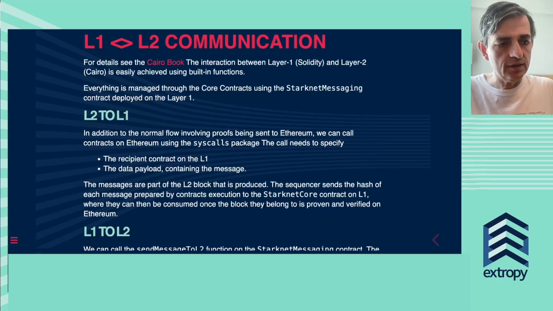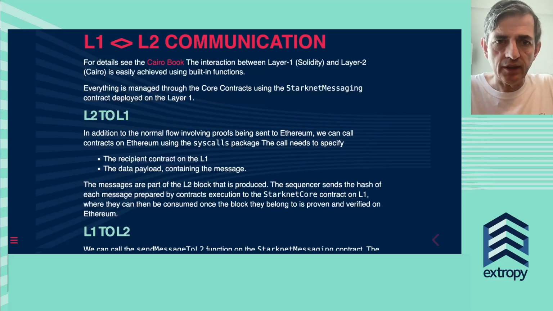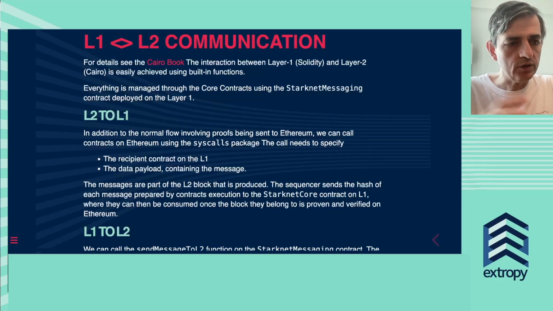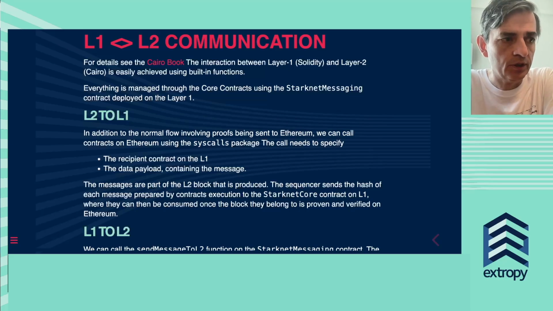These details are then part of the layer 2 block that is produced, and the sequencer is involved in sending the details of this to the Starknet contract on the layer 1. Once this block is verified on the layer 1, once we're happy that this block is correct, then those payloads can be applied to contracts on the layer 1.